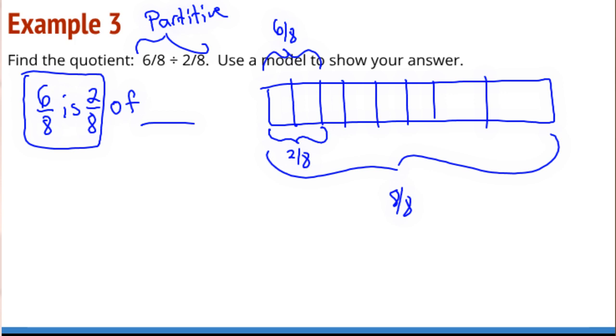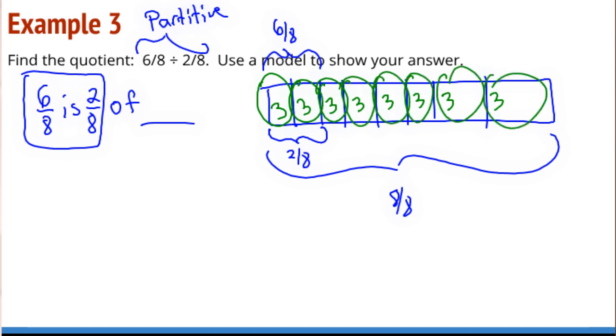So the 6/8 has been divided into 2 parts, and so I can see that each of my units is going to be equal to 3. And I can see that 6/8 is 2/8 of 24.